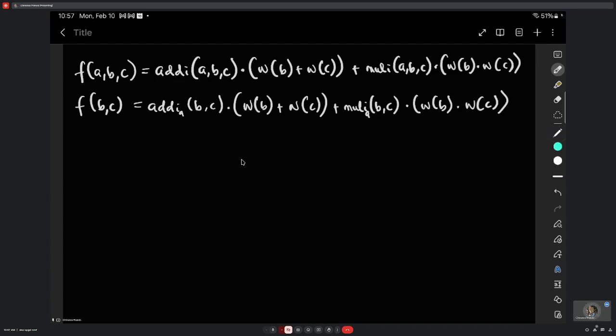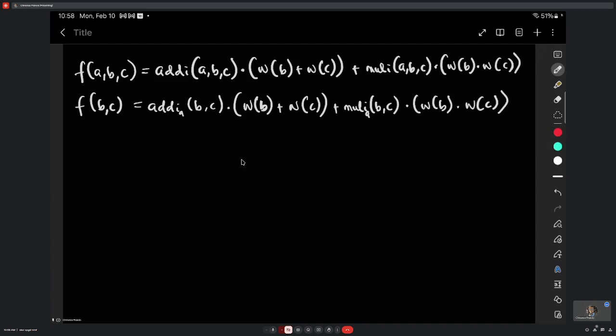So WB here is W evaluated at the randomness for b, and WC is still that WI, evaluated at the randomness for c. Does that make sense? Yes.